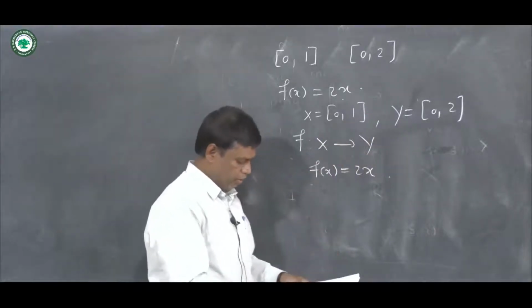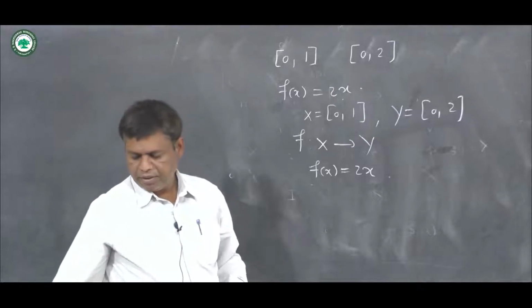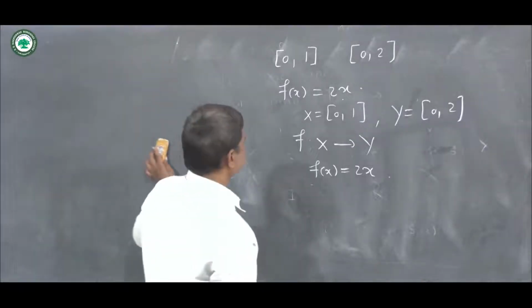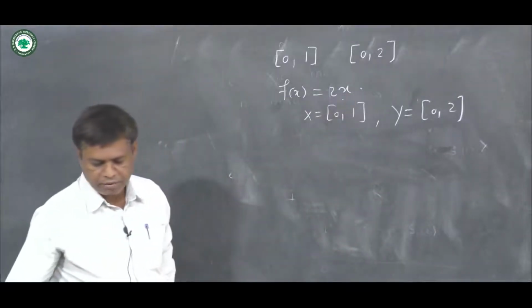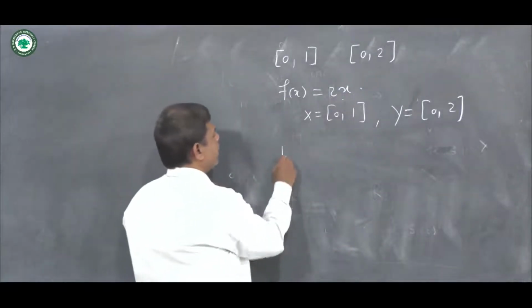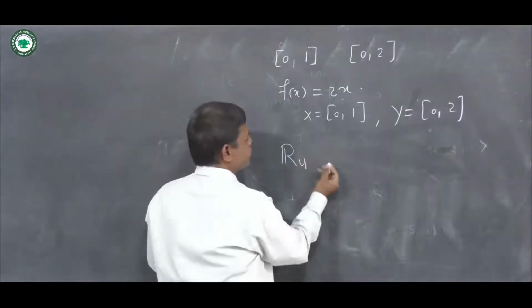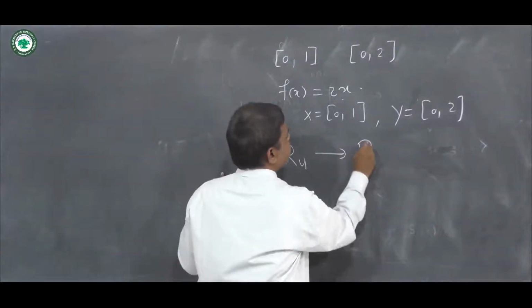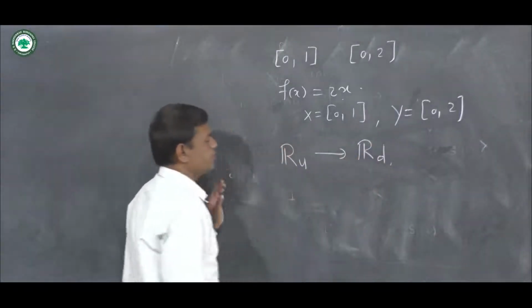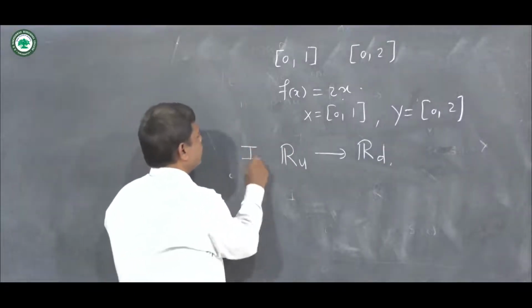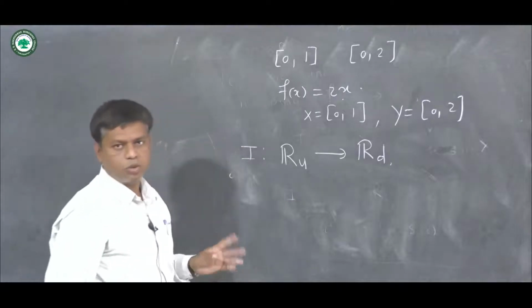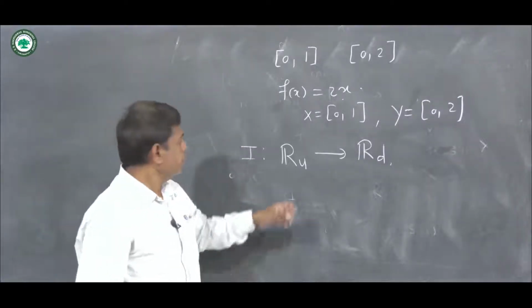Now remember one more thing: if you take this map, where I am taking R with the usual metric, that is R_u, and R_d is the set R of real numbers with the discrete metric, and you take this map I, then this is not a homeomorphism.